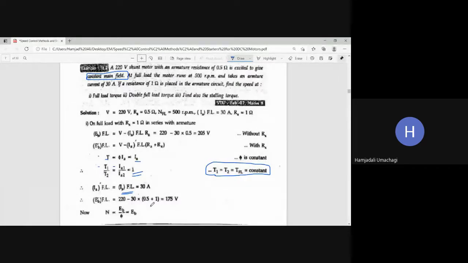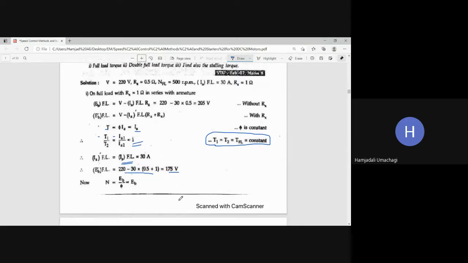Ia dash is 30 and Ra is 0.5 and Rx is how much? 1 ohm, sir. 1 ohm we have inserted. So now all the things we have substituted here, then we get the value of back EMF for full load when we add 1 ohm resistance. So back EMF value is 175 volts when we add resistance 1 ohm in series with the armature.